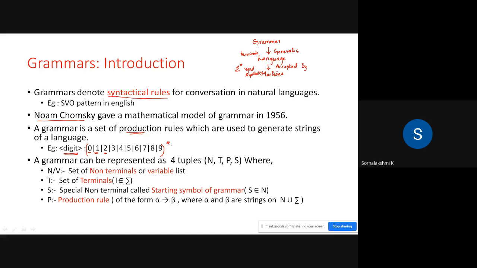Substitute the variable digit with 0 or more occurrences of one of these symbols. That is how we define rules.